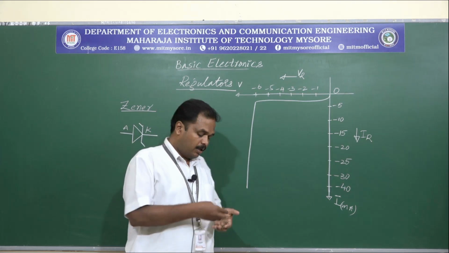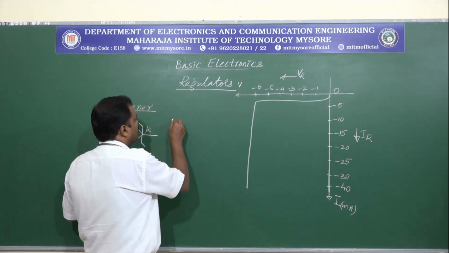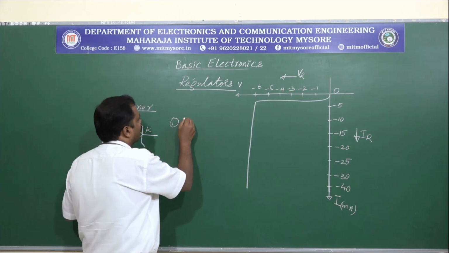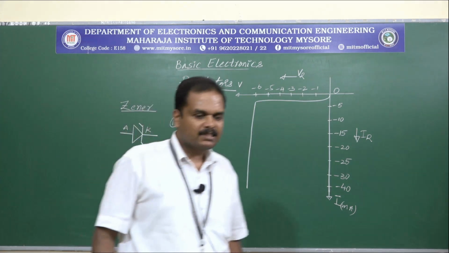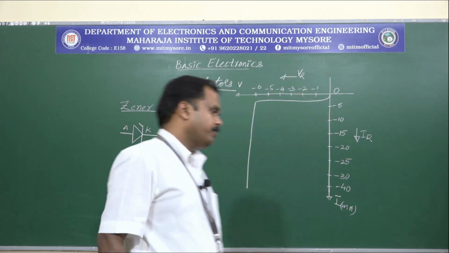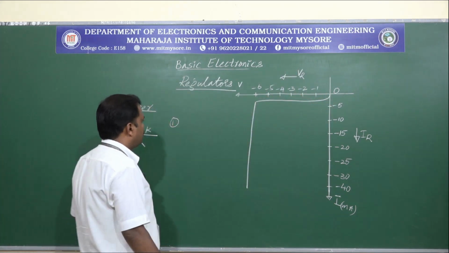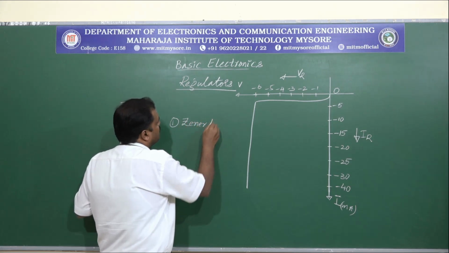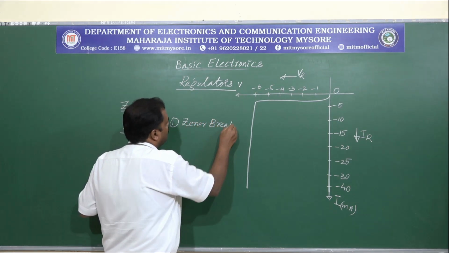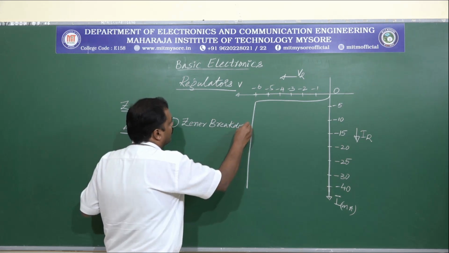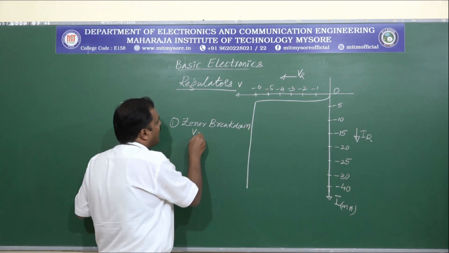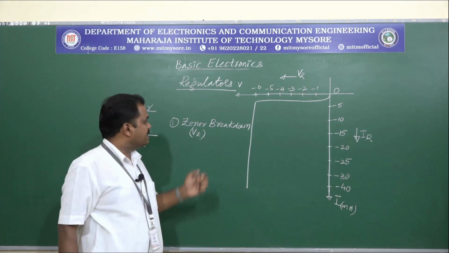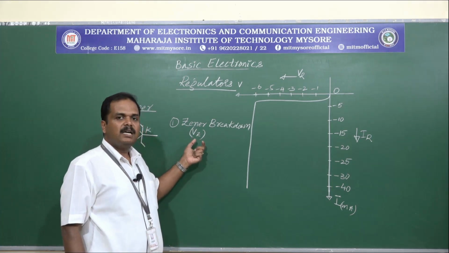The very first parameter is the Zener breakdown, which is represented as Vz.